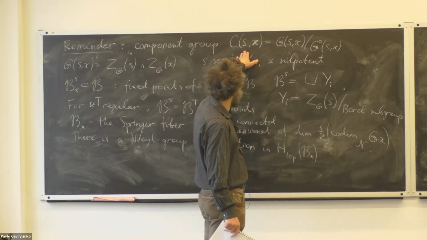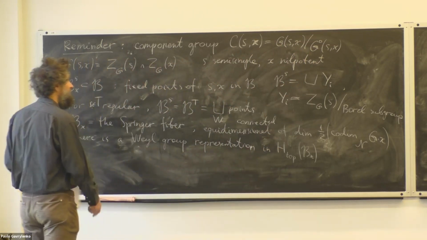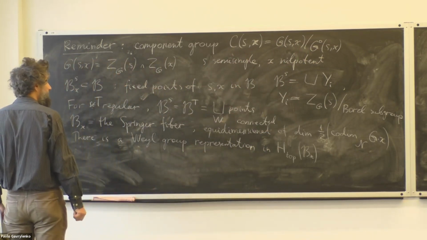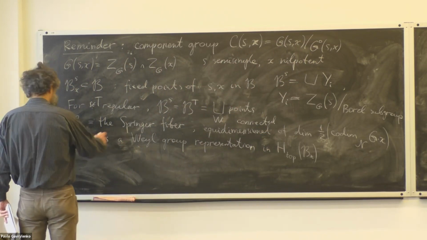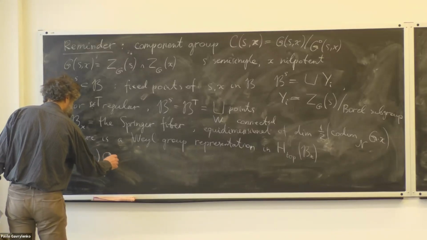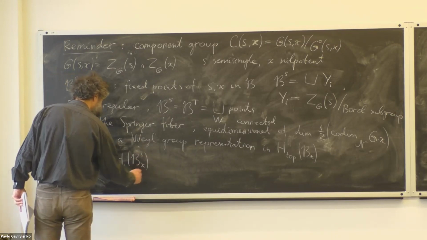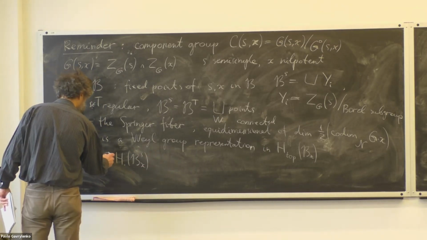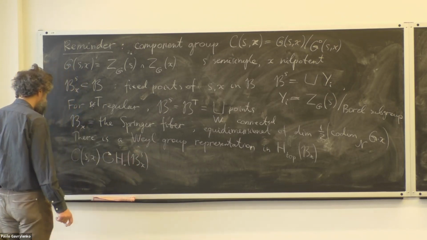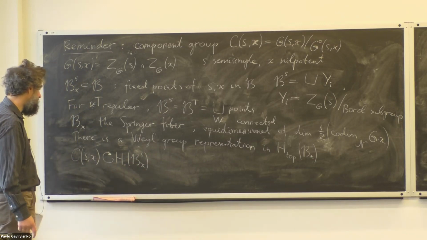So let's come back to what we're doing now. We'll consider this component group of the simultaneous centralizer of our nilpotent and semi-simple elements, and certainly it acts on the Borel-Moore homology of the simultaneous fixed point set, and we can decompose this Borel-Moore homology with respect to isotypic components of this group.